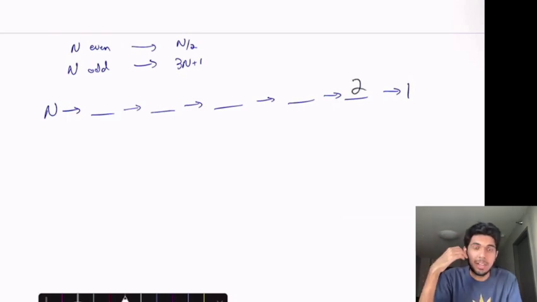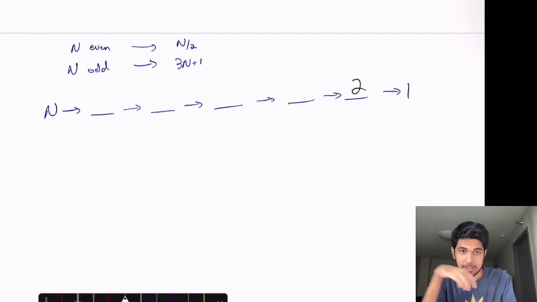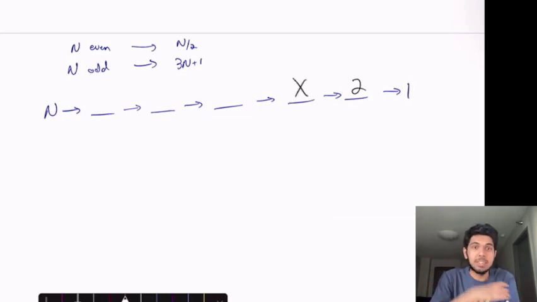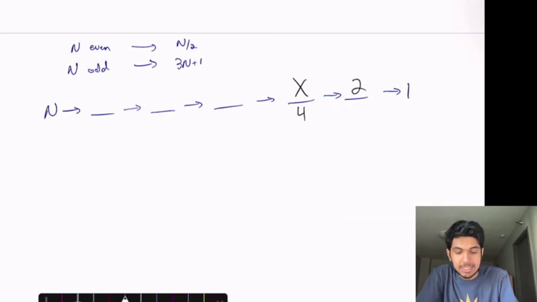Cool. Now let's do the step right before it, and we'll call this thing x. If x is even, then we halved it to get 2, so 2 times 2 is 4, right? If 4 is even, we do 4 divided by 2, we get 2. That's good. What happens if x is odd? Then we would say 3x plus 1 equals 2.